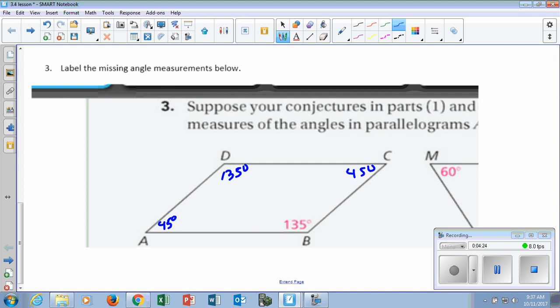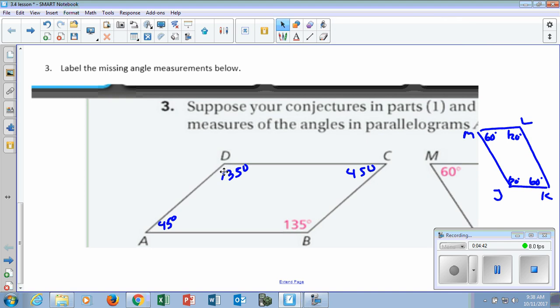Now, you can't see this one over here, but this little parallelogram, I'm going to free draw it, which is M, L, J, K. And they gave you this one at 60, right? So this is 60, that's 120, and that's 120. So go ahead and fill those angles in. Now that you have that information, you should be able to answer questions 1 and 2. See if you see any patterns.